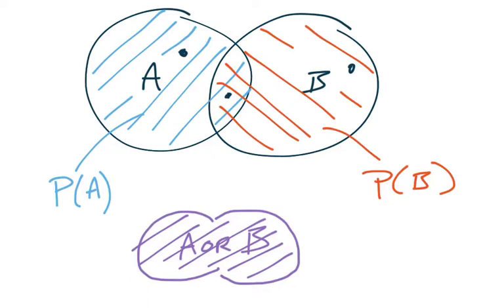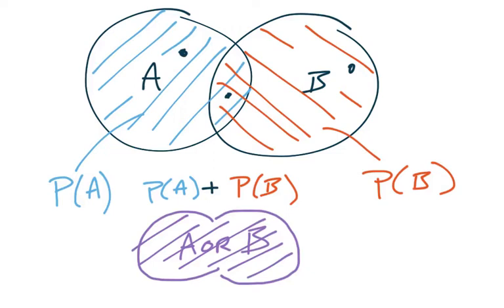And if you try to think about how you could figure out this purple area from the blue area and the red area combined, well, you could say that you add them together. So it would be this plus the red area should give you purple.